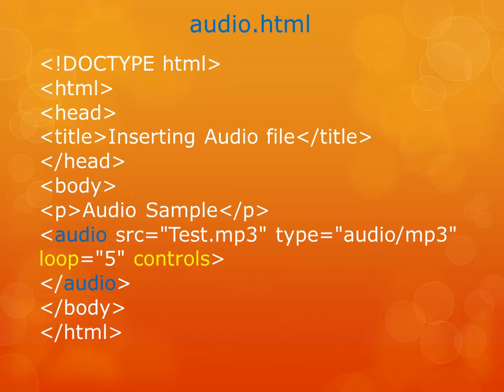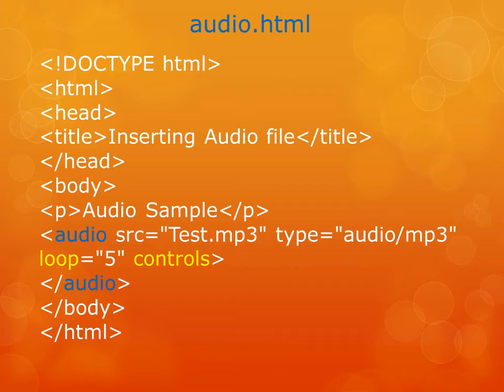It starts with the audio tag, then src. Src means the source of that file, equal to test.mp3, which is available on your computer. Then type equal to audio/mp3, so it will accept audio MP3 files.